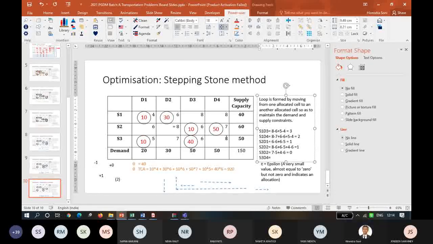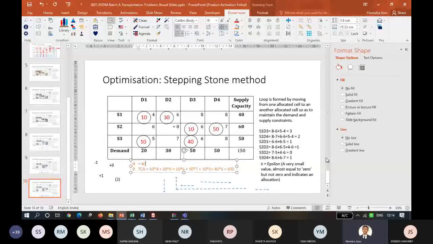So 8 minus 6 plus 6 minus 7. कितना हो गया? 1. So since we have got all the values as positive, that means the current solution is an optimal solution.